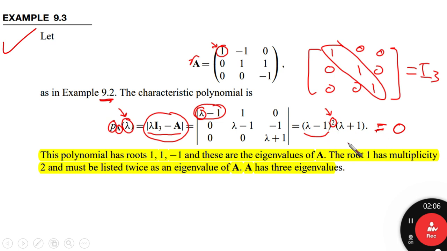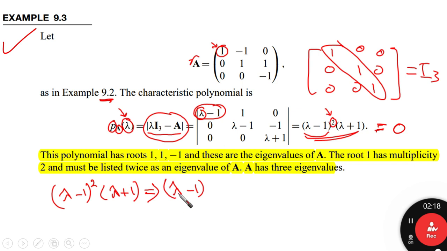The equation is lambda minus 1 squared times lambda plus 1, which equals lambda minus 1 times lambda minus 1 again times lambda plus 1. So our roots are repeated.